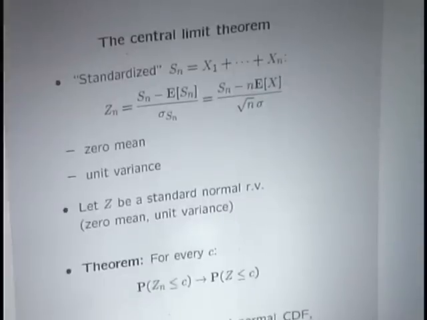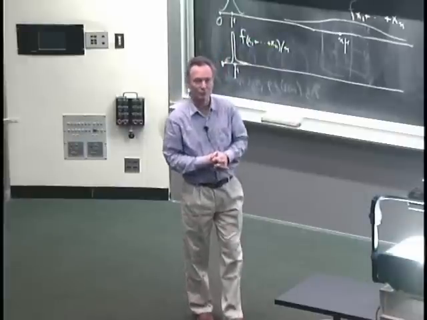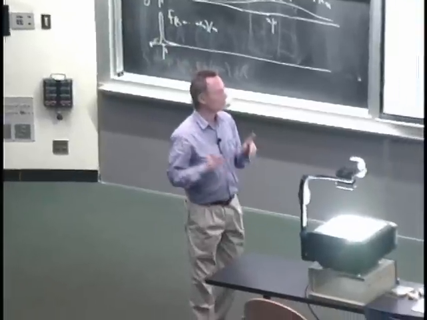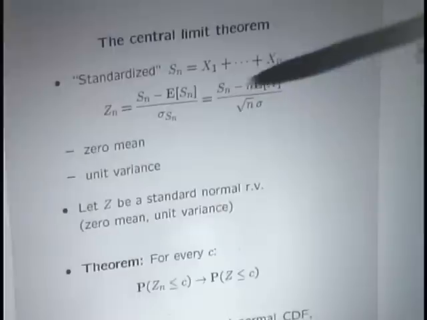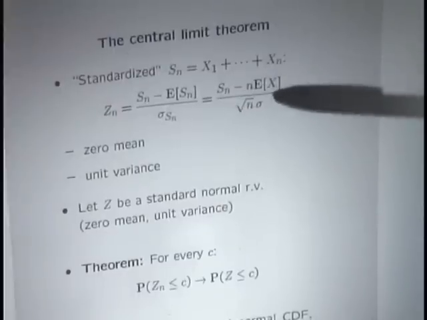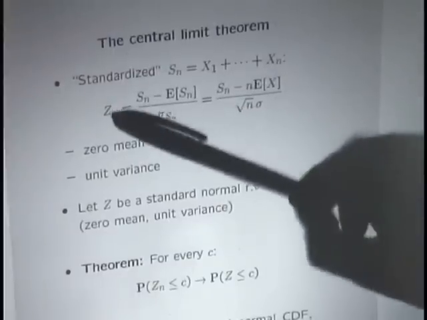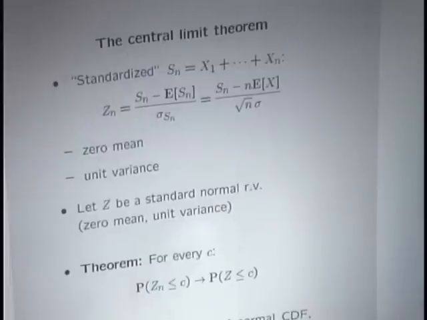Okay. So what we're doing here is a standard technique or transformation where you take a random variable and you so-called standardize it. I remove the mean of that random variable and I divide by the standard deviation. This results in a random variable that has 0 mean and unit variance. What Zn measures is the following.